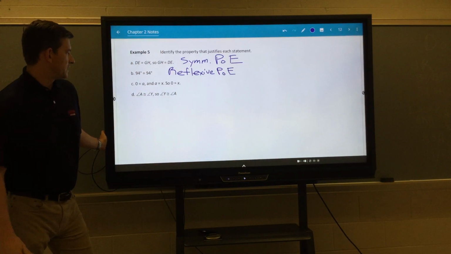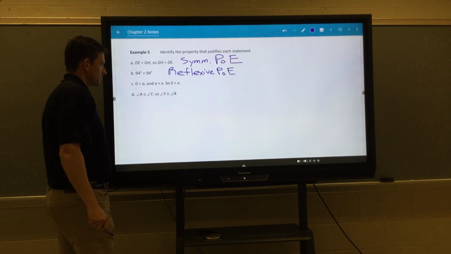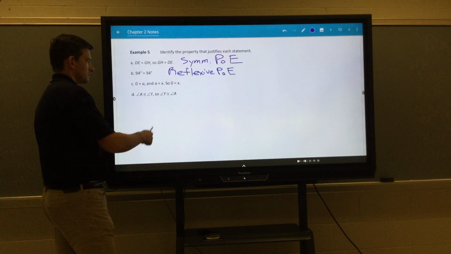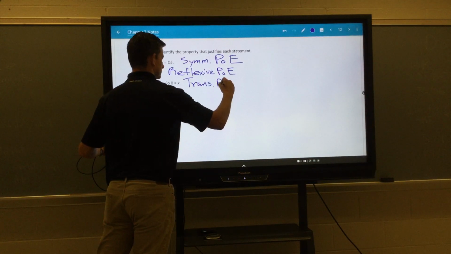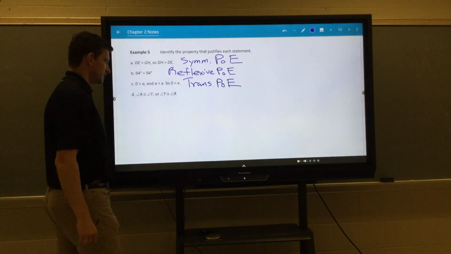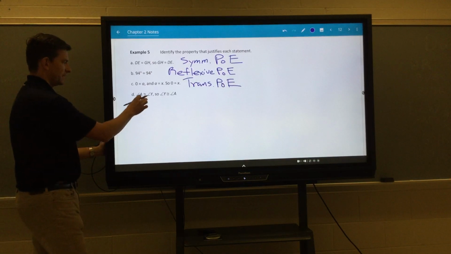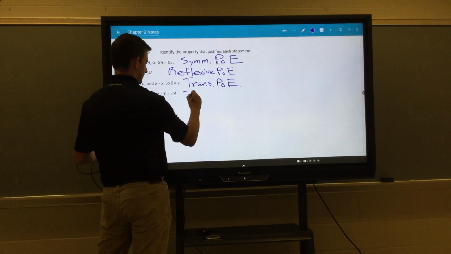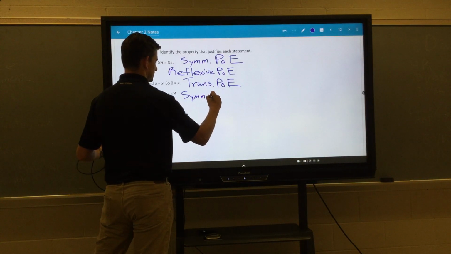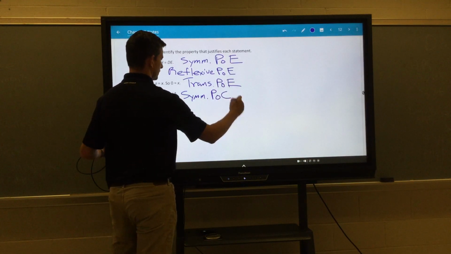Zero equals A and A equals X, so therefore 0 equals X. This is the transitive property. Property of equality in this case. And then lastly, angle A congruent to angle Y, so angle Y congruent to angle A. Symmetric property of congruence.